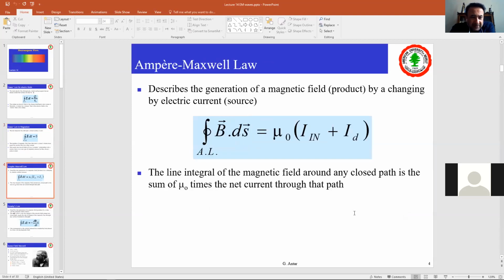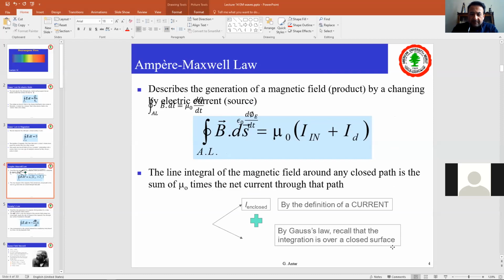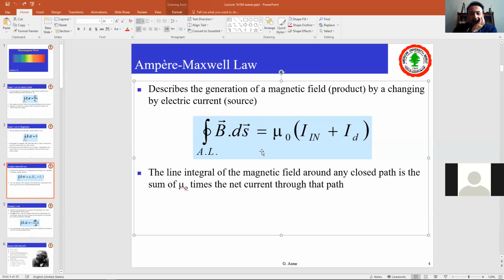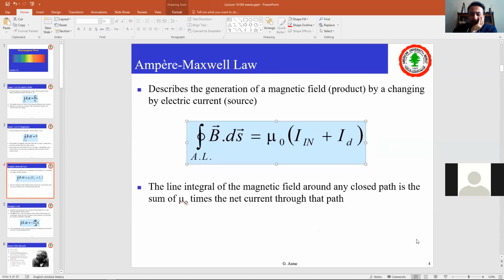And Ampere-Maxwell's law that I just mentioned is that the integral over an Amperian loop of B dot ds is equal to mu 0 dq over dt, and this dq over dt can be put as a function of the induced current or the time variation of the electric field, represented by the electric flux.